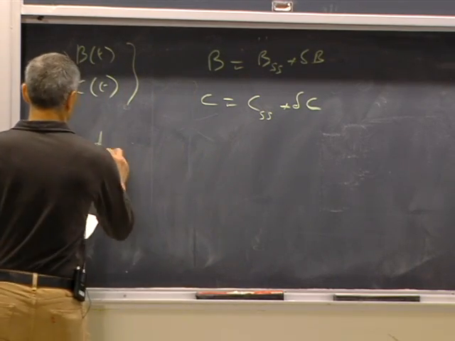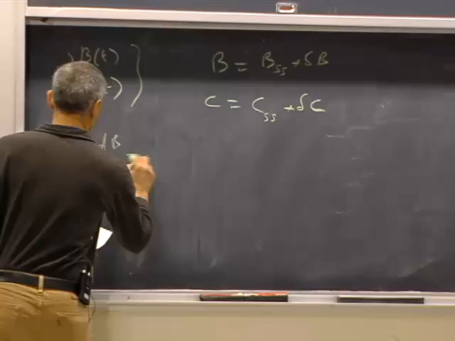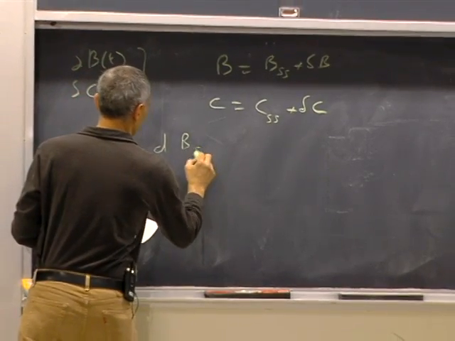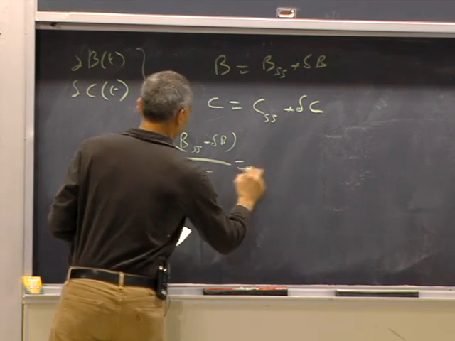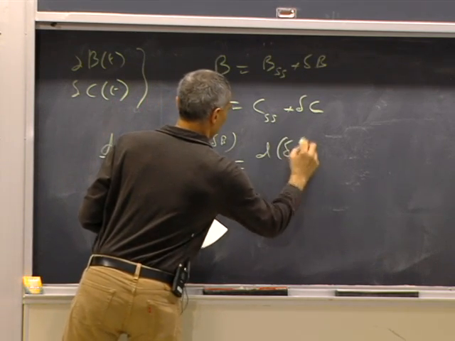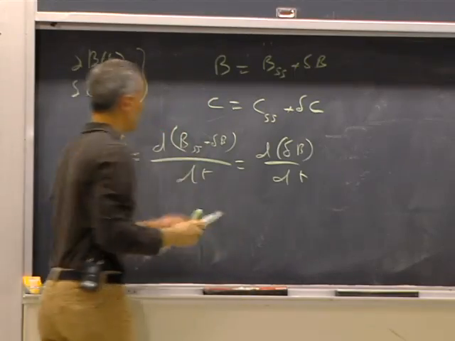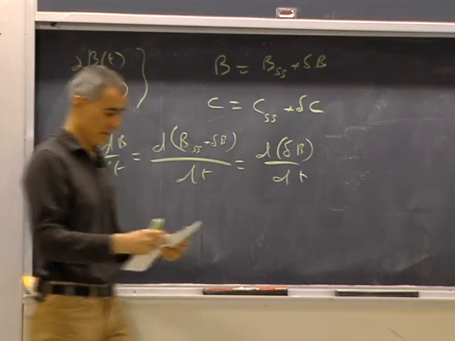So now dB/dt is the same thing as d of B steady state plus delta B over dt, which is d delta B/dt, because this is a constant here.